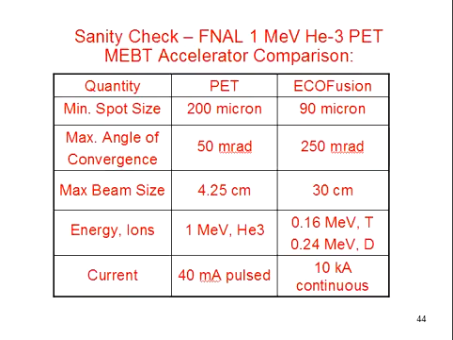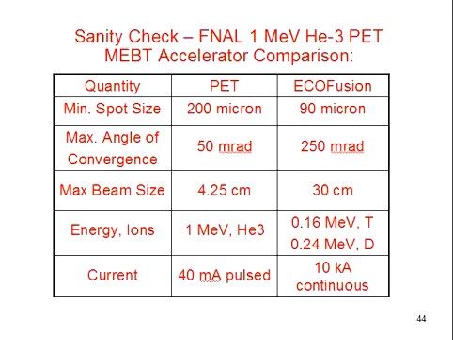The maximum beam size in the PET experiment was 4.25 centimeters, and for the ECOFusion design, it's 30. The ion energy in the PET accelerator was 1 MeV and used helium-3 ions. In the ECOFusion design, we use a 160 keV tritium beam and a 240 keV deuterium beam. None of those parameter ranges are significantly different from one accelerator to the other, as each parameter is less than a factor of 10 different from one accelerator to the other.